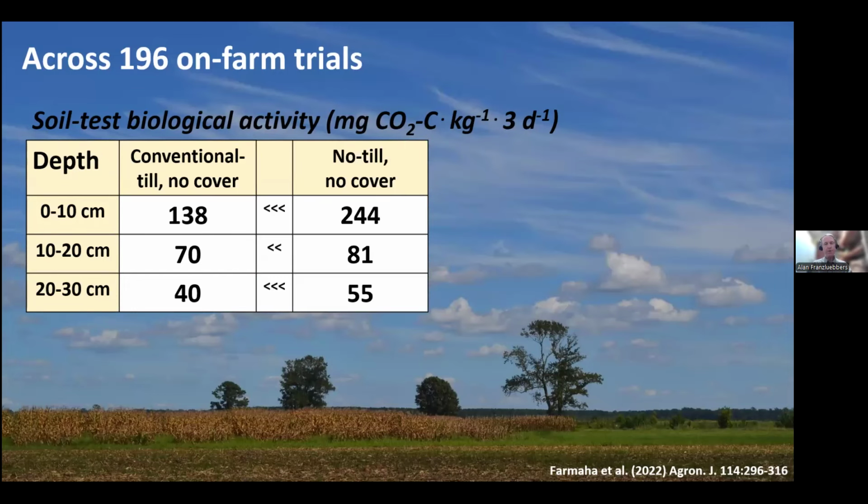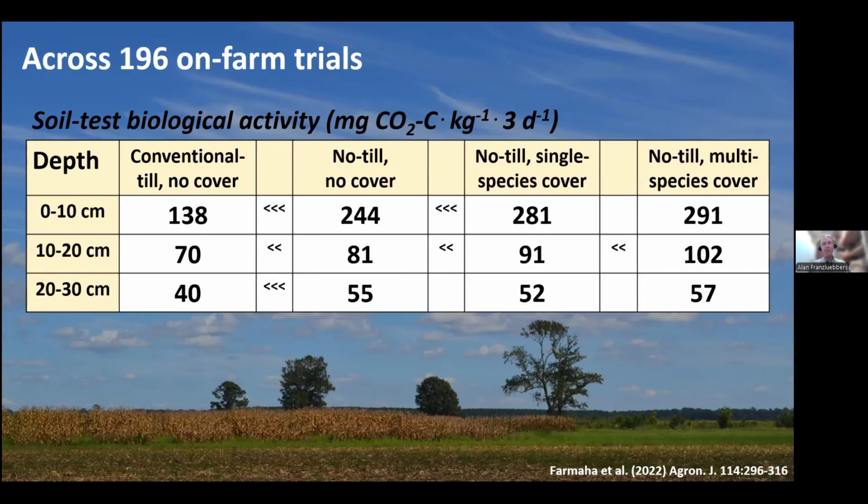When we have no-till and no cover, we elevate the amount of biological activity at the surface because we're not disturbing the soil, and those carbon resources are essentially preserved a little bit more at the surface. You can see that the biological activity also decreases with depth, but it tends to be a little bit higher than under conventional till with no cover.